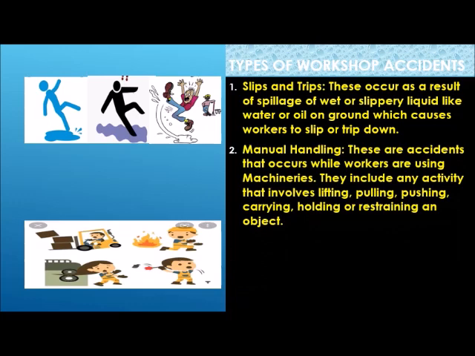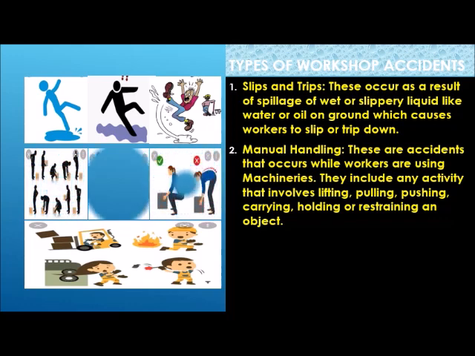Manual handling. These are accidents that occur while workers are using machineries. They include any activities that involve lifting, pulling, pushing, carrying, holding, or restraining an object. Again, the second group of pictures you are seeing on your screen is an example of manual handling accident.